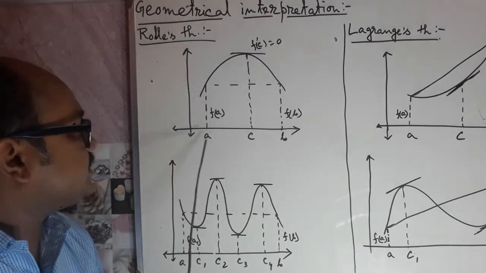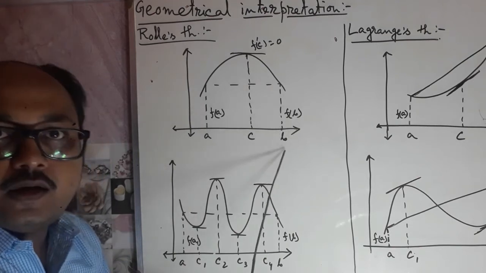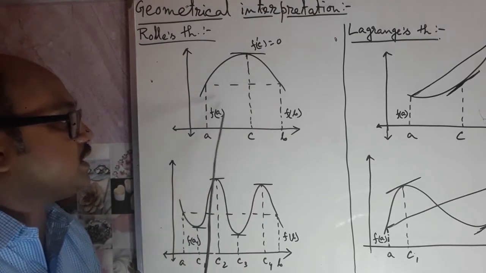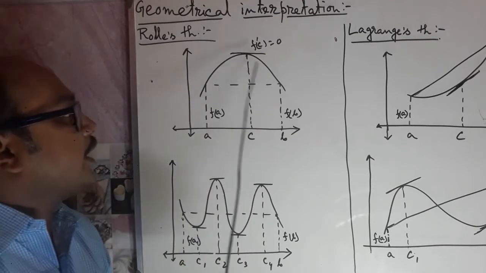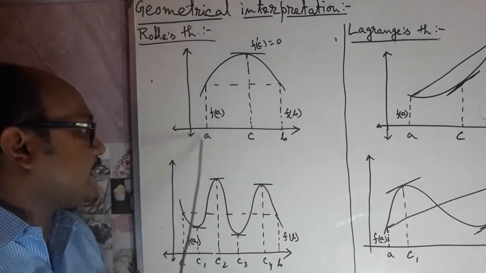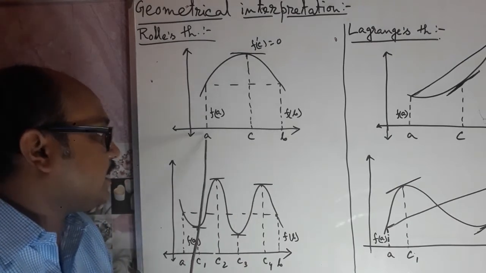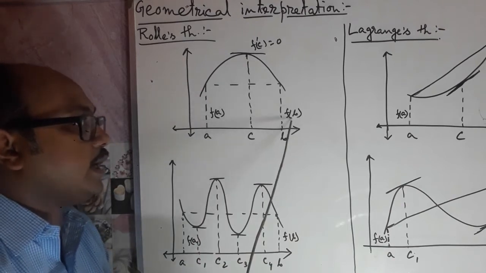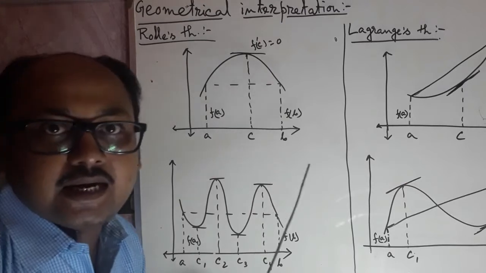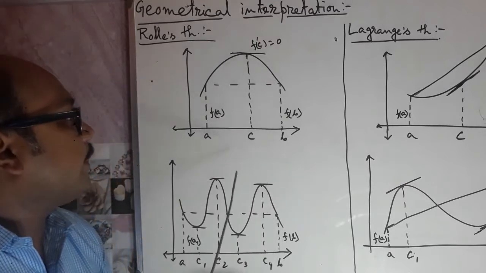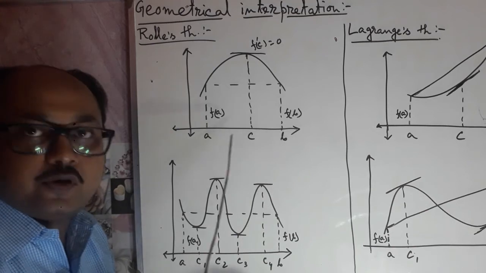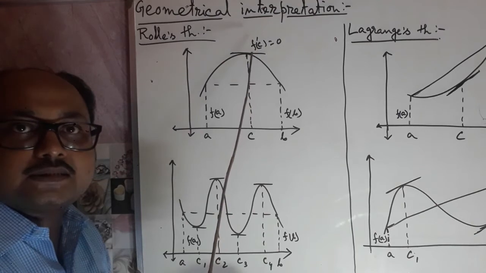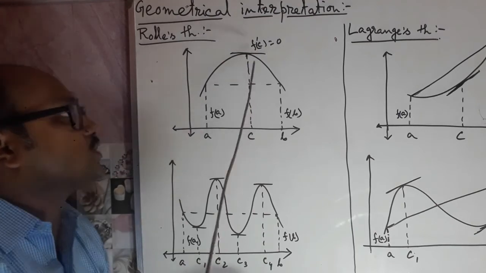If a function is defined in the closed interval [a, b], and is continuous in the closed interval [a, b], you see the graph is continuous for this function f(x), derivable, and if at the end points, that means at a and at b, the functional values f(a) and f(b) are equal, then there exists at least one point c in this open interval (a, b) such that f'(c) is equal to 0.